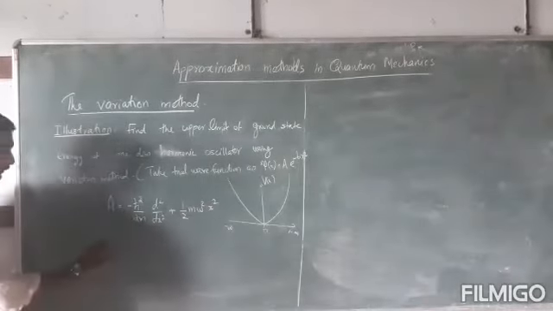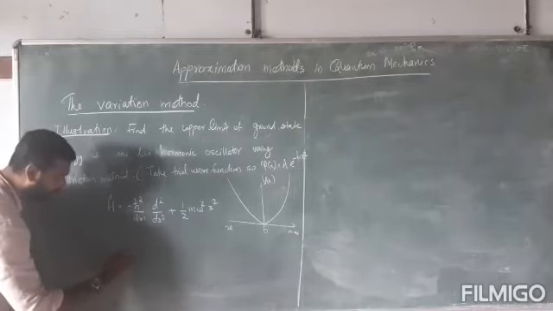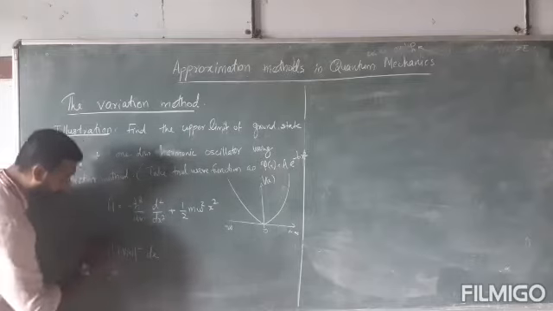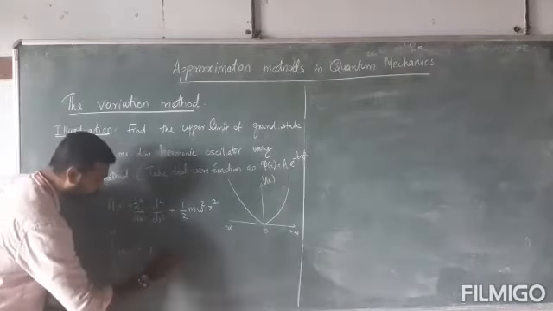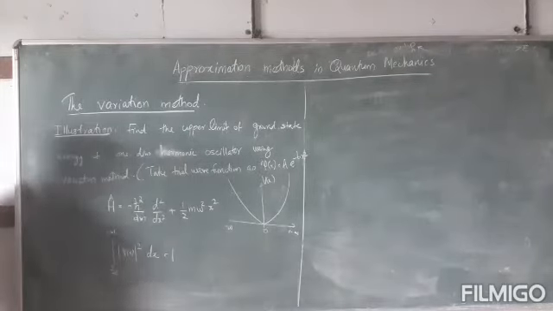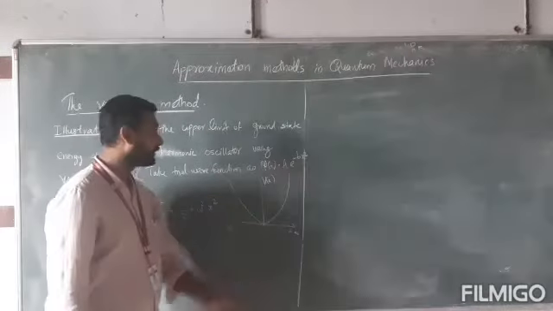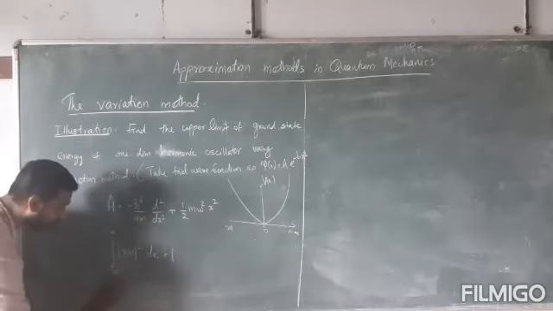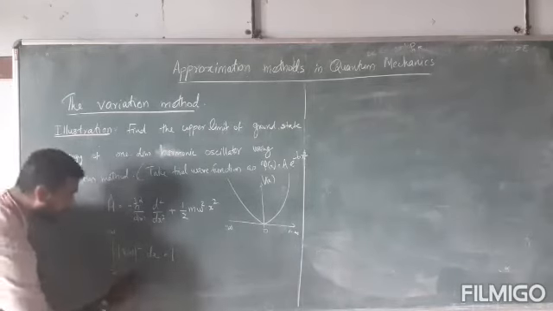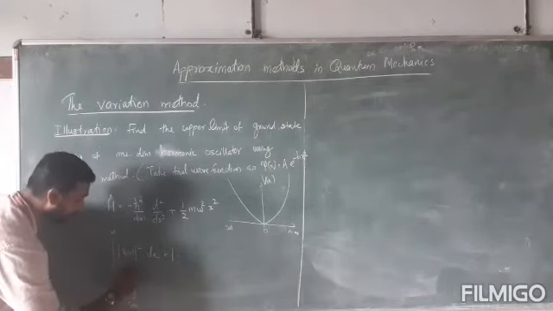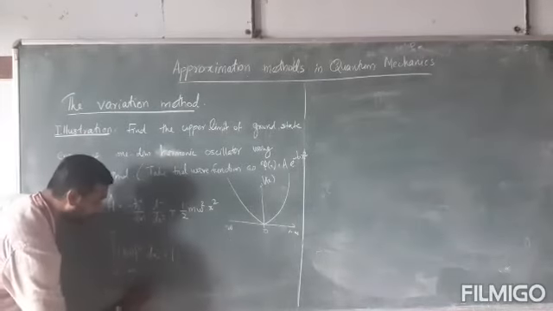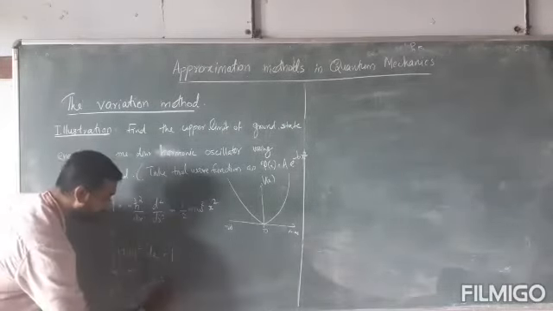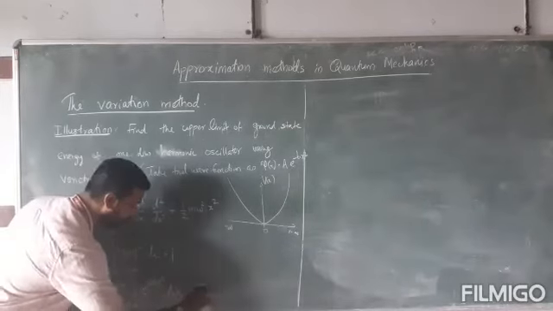So obviously, if you integrate mod psi of x square dx from minus infinity to plus infinity, you should get 1. What is the wave function that we have assumed? A times e raised to minus b x square. Therefore this should be mod A square times the integral from minus infinity to plus infinity of e raised to minus 2b x square dx, which must be equal to 1.